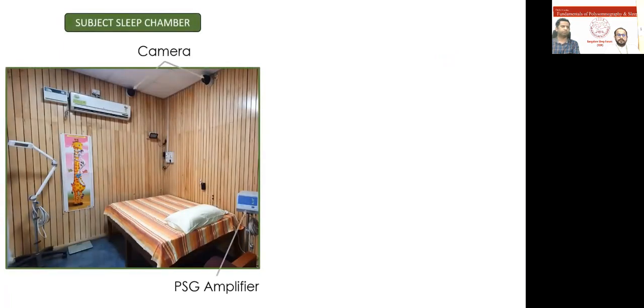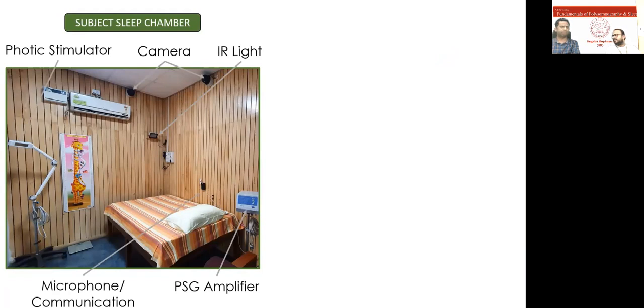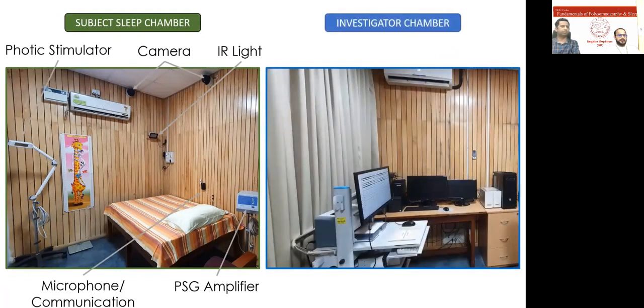That's the sleep room or sleep chamber. As you can see, the entire sleep chamber consists of sleeping rooms, and there is a chamber outside where we have kept all our equipment so that the patient or subject doesn't have to see all those, and they are comfortable.